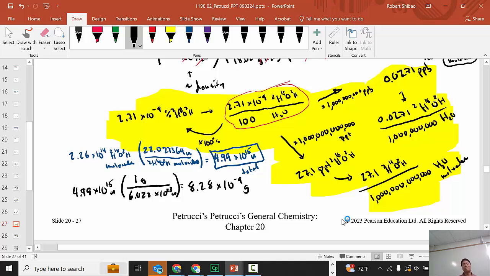I'm going to use a metric prefix that gets rid of 10 to the minus 9. What metric prefix is that? Nano. That's correct. So this is going to be 8.28 nanograms total.